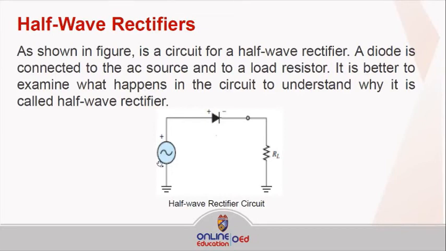As you can see, it consists of a diode that is connected to the AC source, and it's connected also to a load resistor. Okay, that is the half-wave rectifier circuit.